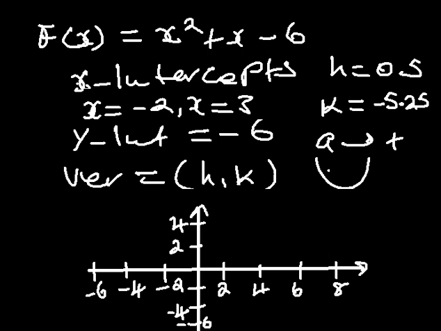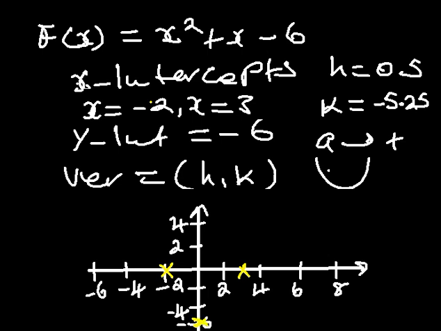First of all, we highlight the x-intercepts, -2 and +3. Let's say this is -2, and this is +3. Then we have the y-intercept, which is -6, which is this point in that way.